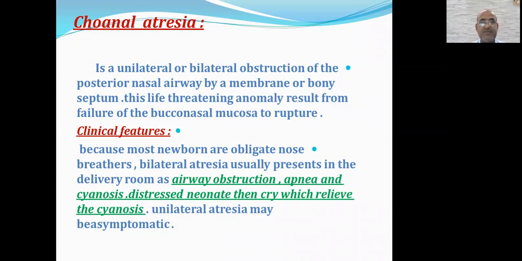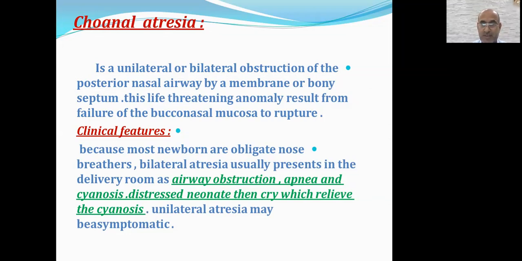Clinical features of this congenital abnormality. As you know, the newborns are obligate nose breathers. So if we have a bilateral problem, this results immediately after birth in airway obstruction, apnea and cyanosis.